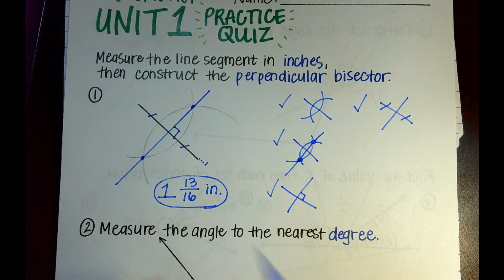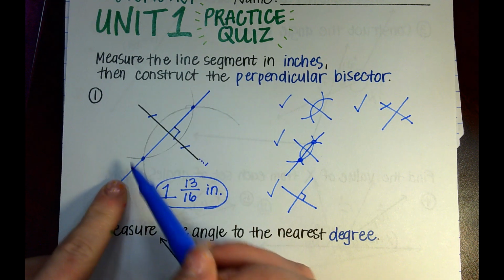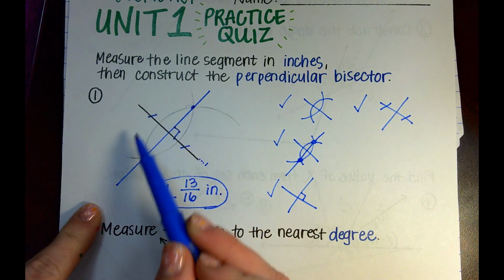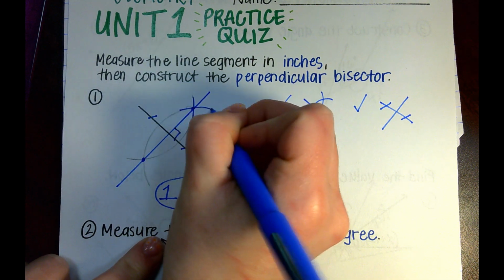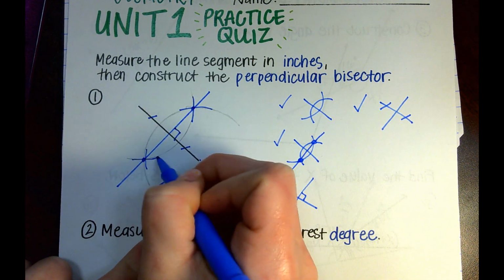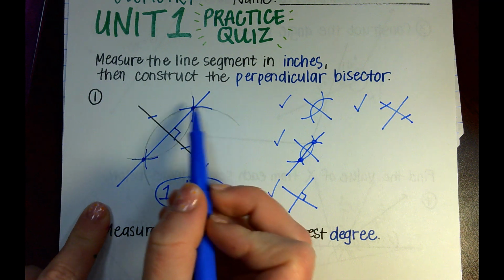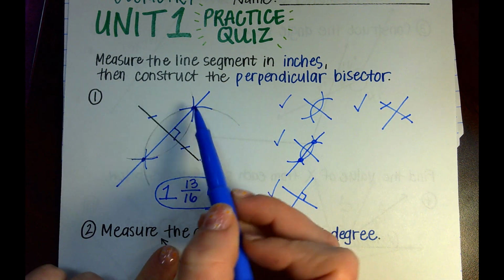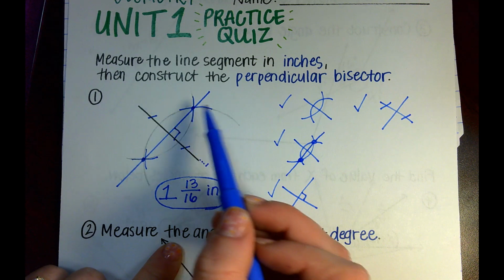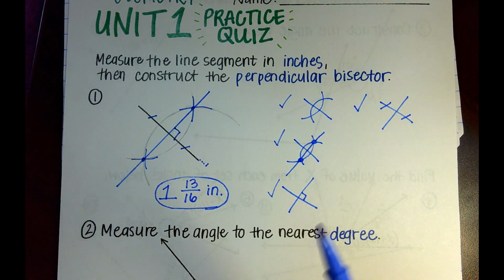Good question. Now, the other thing is, let's say you don't have arcs going all the way across. I'm okay even if you just mark the intersection. All you actually need is where they're crossing. If you're able to kind of guesstimate where they're going to cross, you can do that.